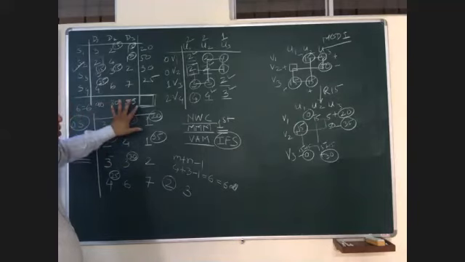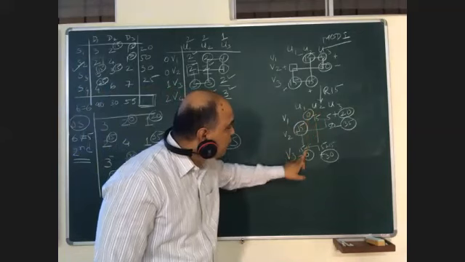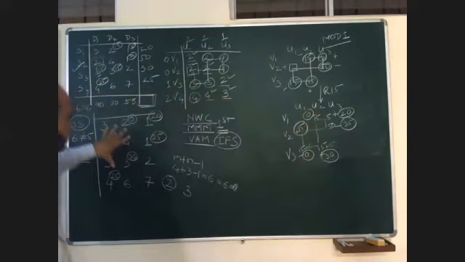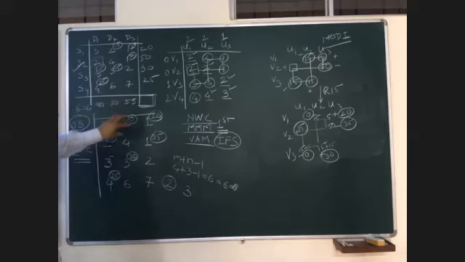I have allocated 0 at the minimum cost among the two. Why here only? Because at these two places, 15 minus 15 is 0, 15 minus 15 is 0. At these two places, the figures are 0, no allocation. In the original matrix, it was 15, 15. That's why I have chosen these two places. Now, why only 2?